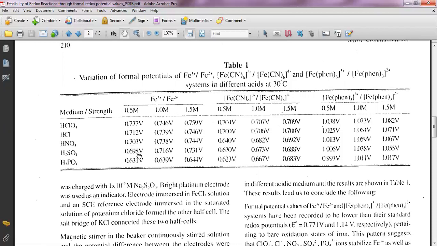So this is all about the variation of the formal potentials in the presence of different media.